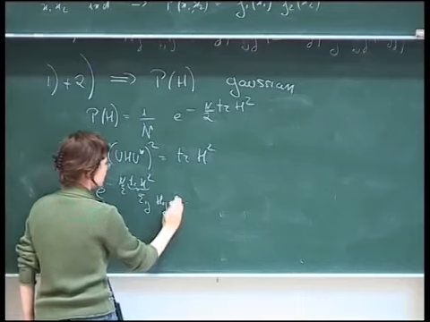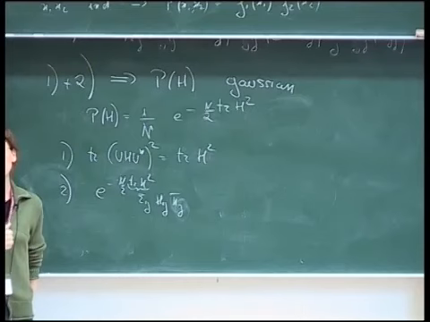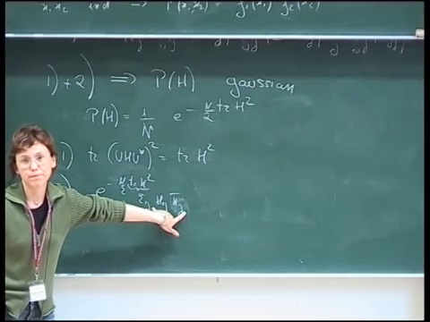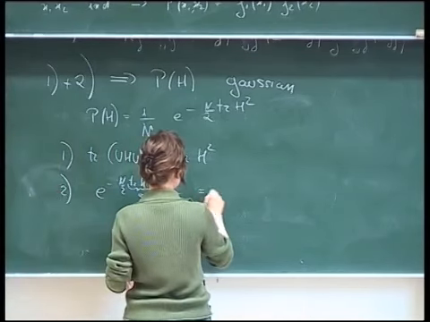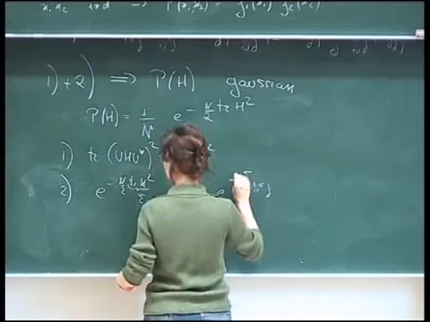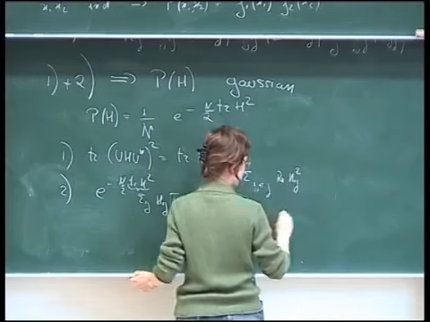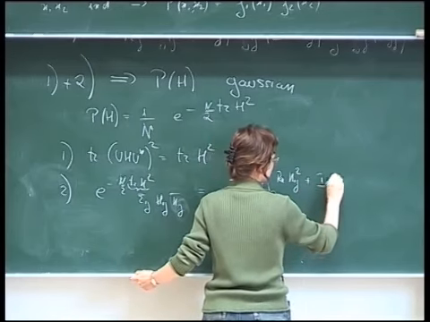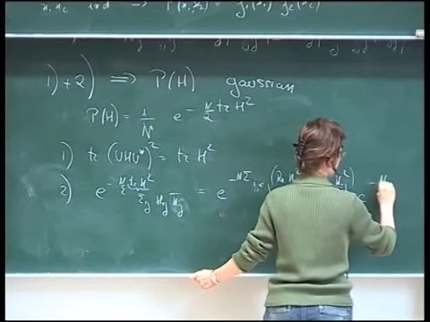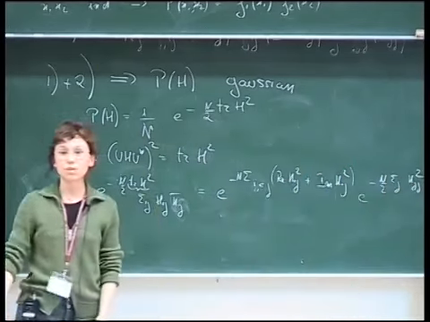But that is H_ij complex conjugate, because it's self-adjoint. So here I have the absolute value of H_ij squared. So I can rewrite this as a sum over i smaller than j of n times the real part of H_ij squared plus the imaginary part of H_ij squared. So indeed I have a product.